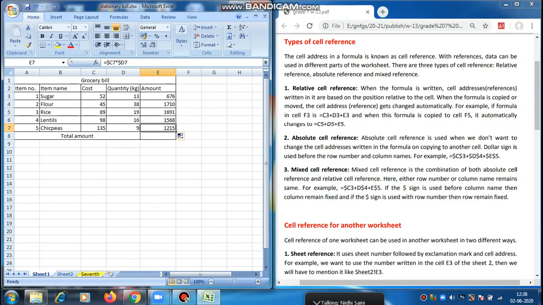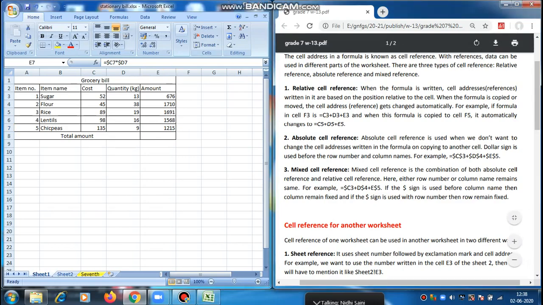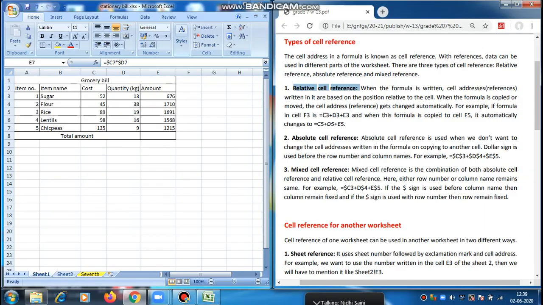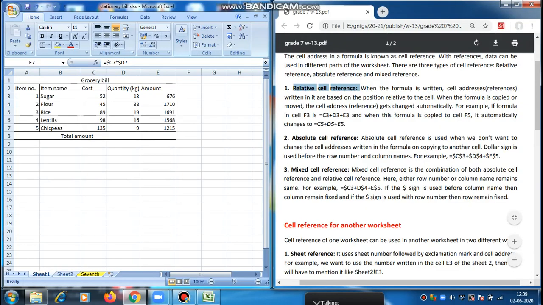So, by now we have studied about three types of cell reference. First one was relative cell reference. In relative cell reference, formula changes according to the cell automatically. We do not need to fix anything in it. We do not use dollar sign in relative cell reference.